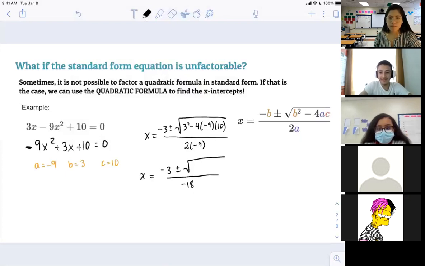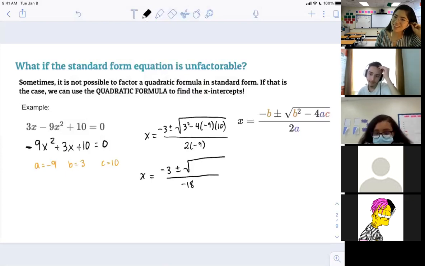Which two numbers are you multiplying? Negative 4 and 9? Yes, 4 and 9. It's 36.